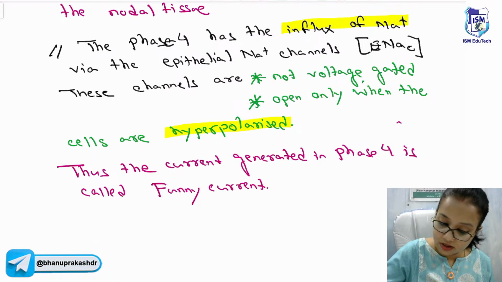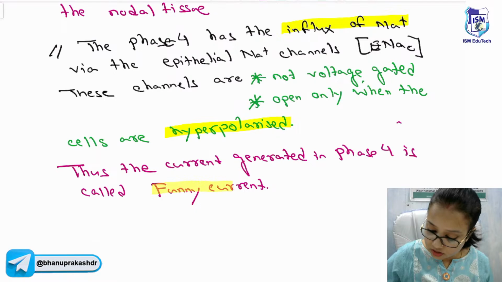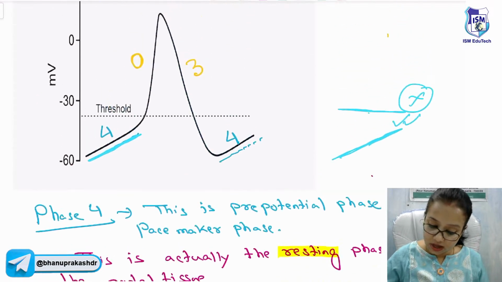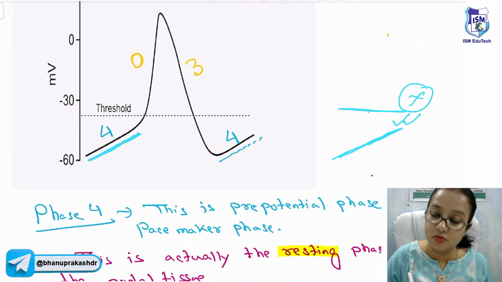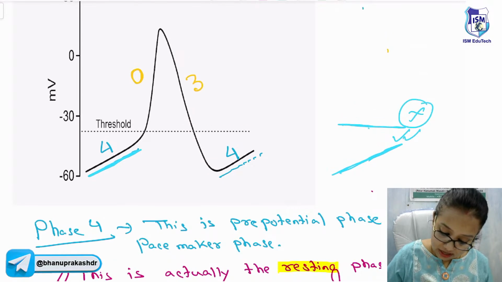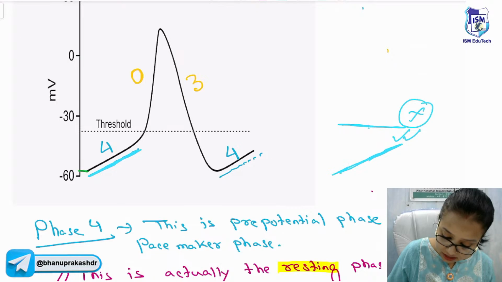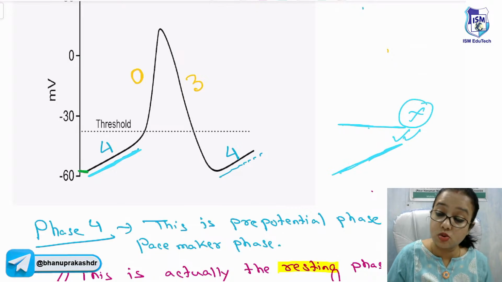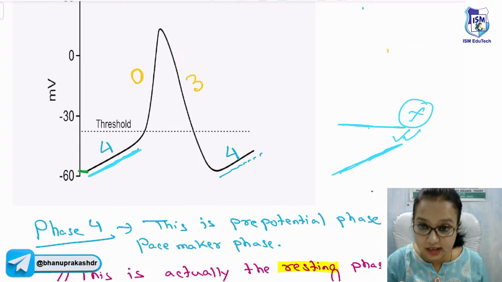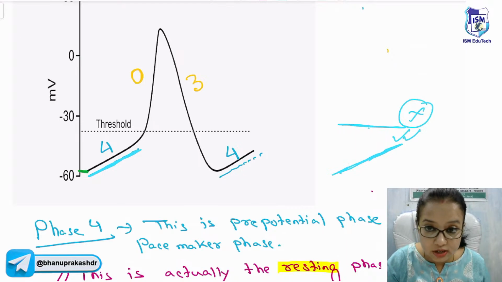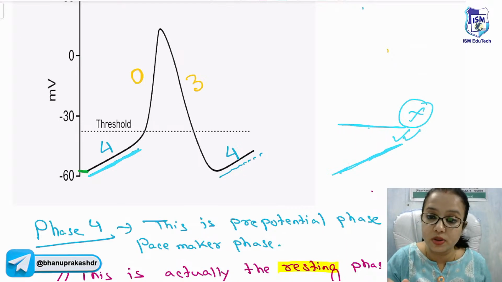So why is it called funny current? Because it is very strange that only when the cells are hyperpolarized, like you can see it is like -60, it is hyperpolarized, only then those sodium channels which are not voltage gated open up.